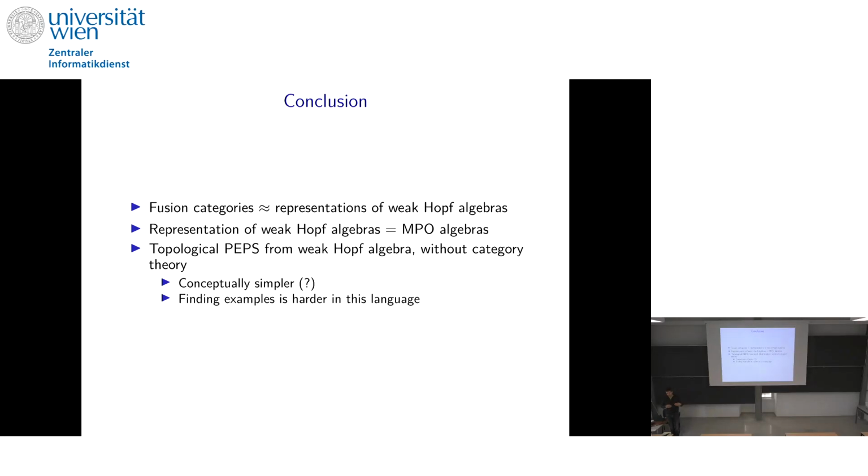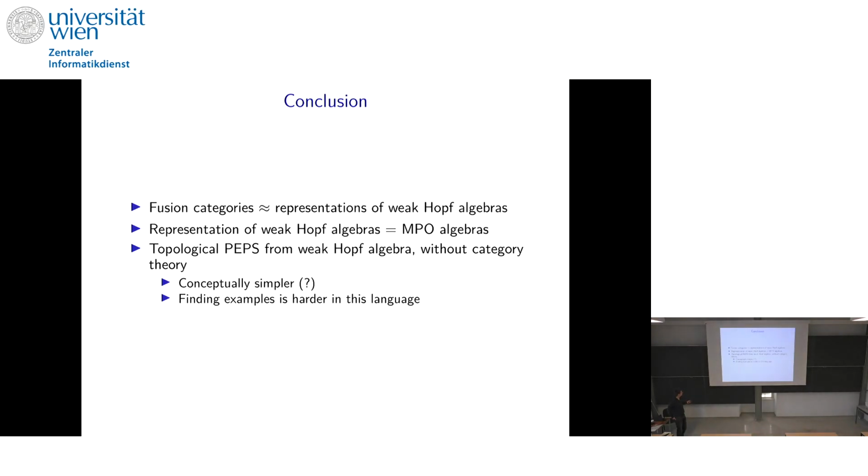So even if you don't like VCOP algebras, you can just think of matrix product operator algebras. They are all the same. And finally, you can construct a topologically ordered PEPS starting from a VCOP algebra without referring to category theory, even though you do exactly the same thing. I think it's conceptually simpler, at least.